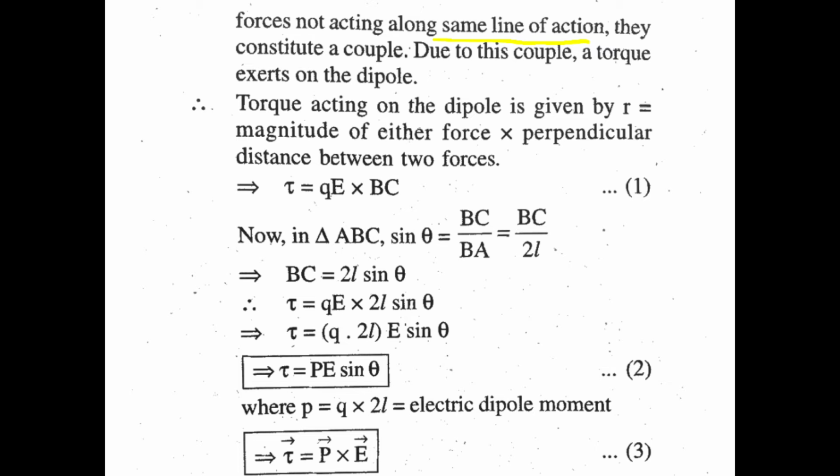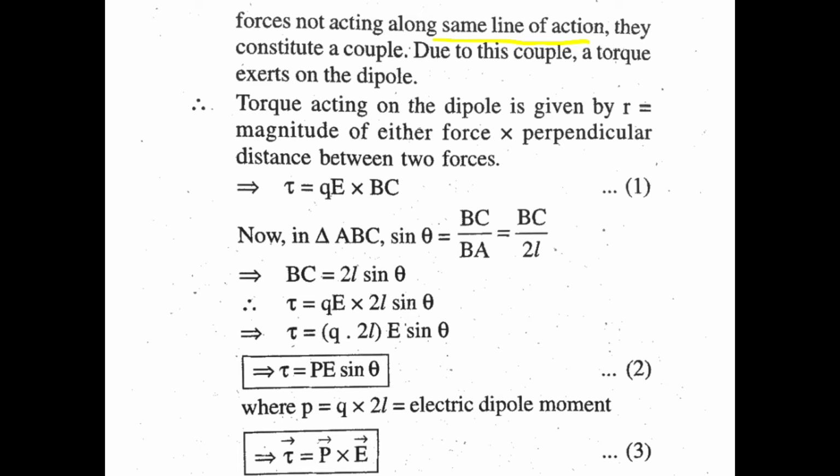Due to this couple, a torque is exerted on the dipole. Why? Because these two forces are equal and opposite, parallel and not acting along the same line of action.